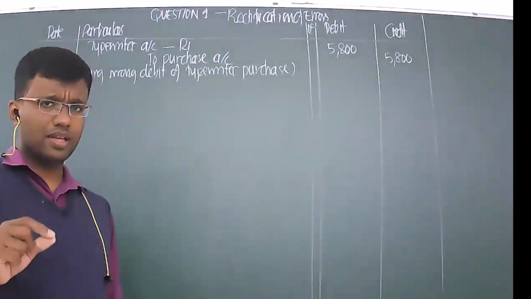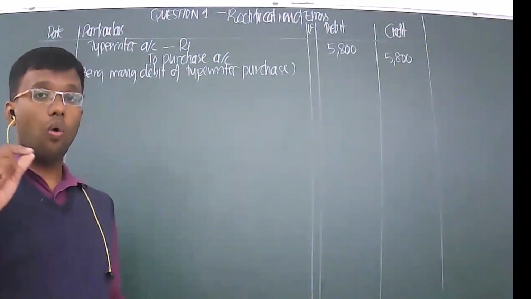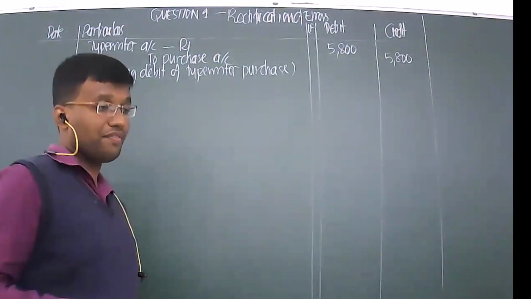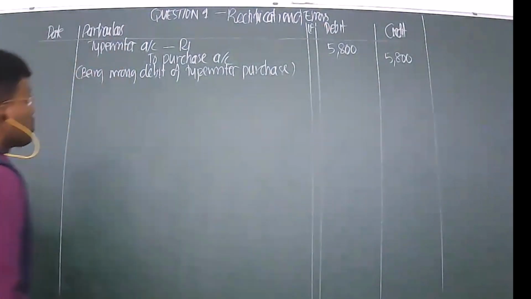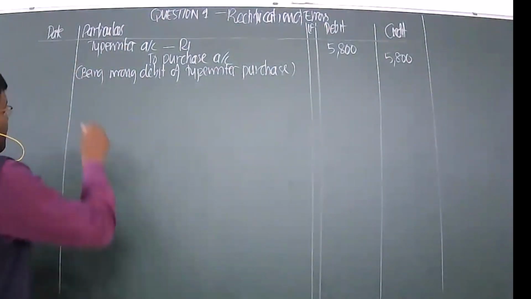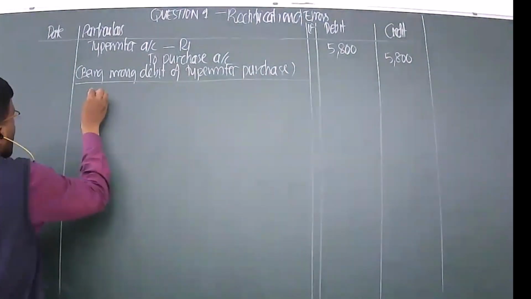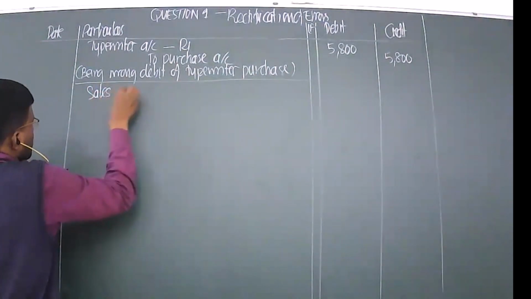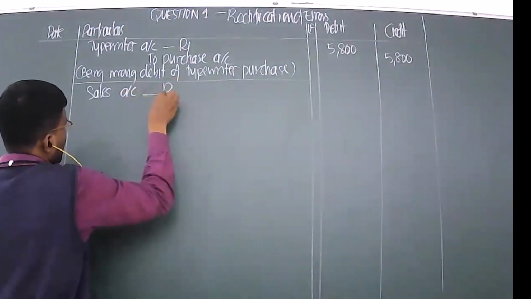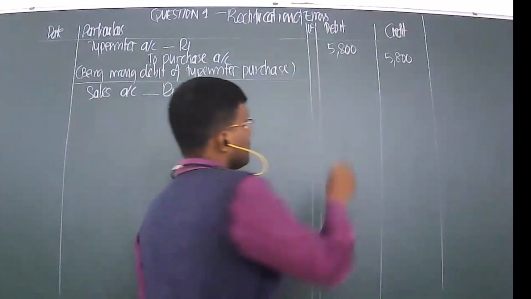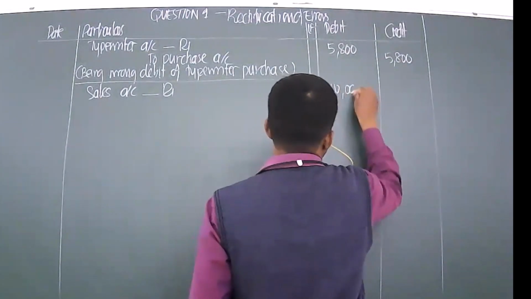Over credit, how do you rectify? Over credit, you rectify by debiting. So which account should you debit? You have to debit sales account, and how much? You should be debiting 10,000.